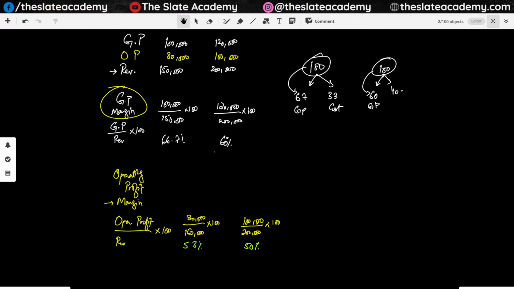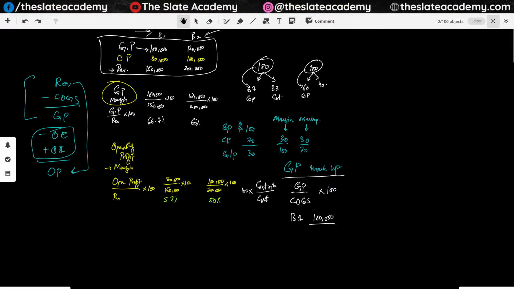Cost of goods sold isn't given over here, so we'll have to calculate. Look at the format. That is why revision was important. Over here, we are given the revenue of the business.